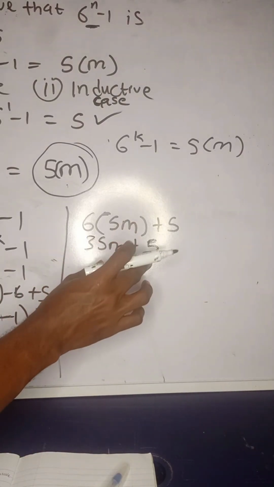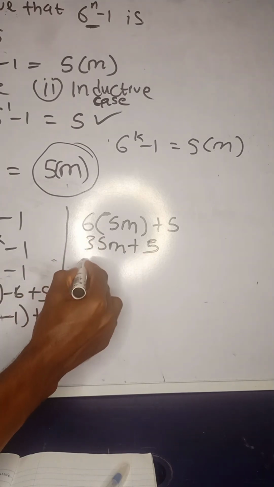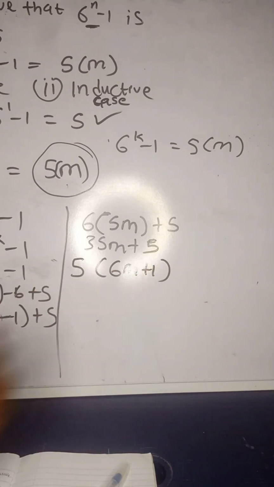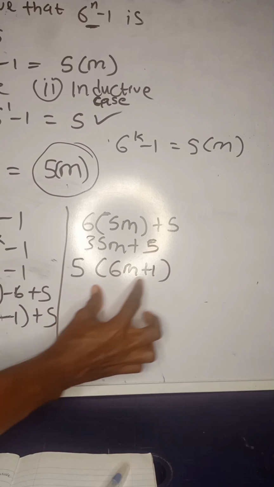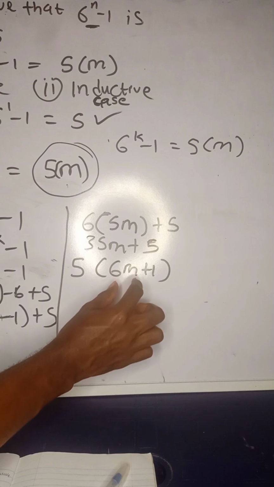So here, now let's do the factorization. You see that this is divisible by 5, this is divisible by 5. So we have 5 times (6m plus 1). Now you see that for us to have 5 times something, and we know that this is a natural number, and it should be an integer also, but it's certainly a natural number.